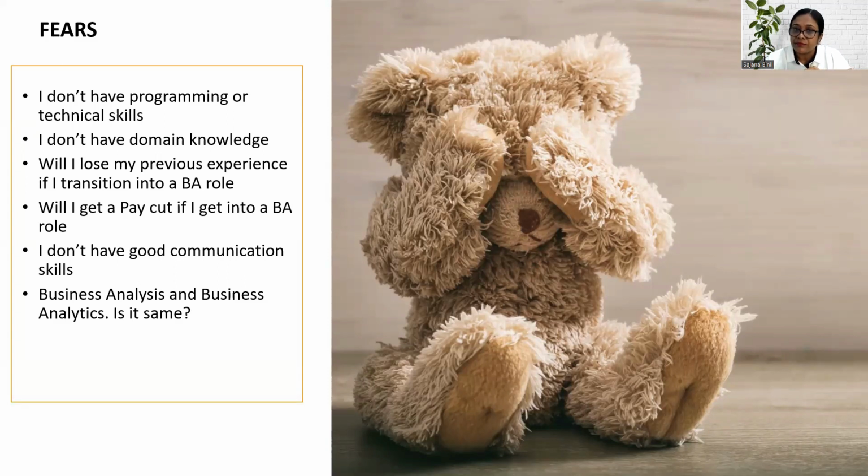So let me tell you, you'll find business analyst roles as two types of roles. There's a technical BA role as well as a functional BA role. Technical BAs, along with gathering and handling the requirements of the project, also need to do programming and coding. Some amount of programming and coding is expected for a technical BA.